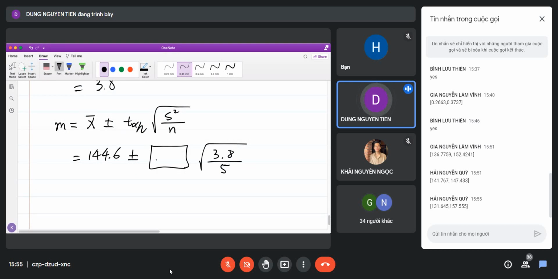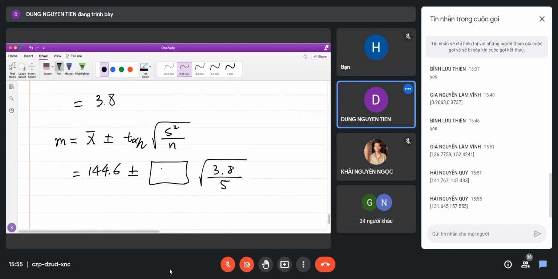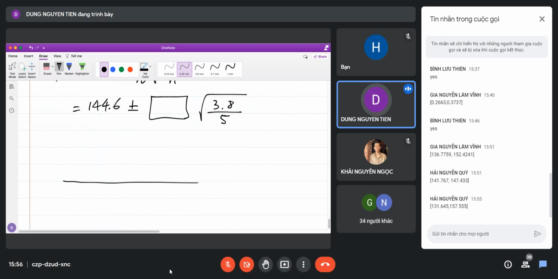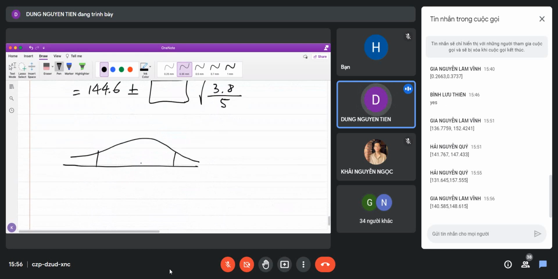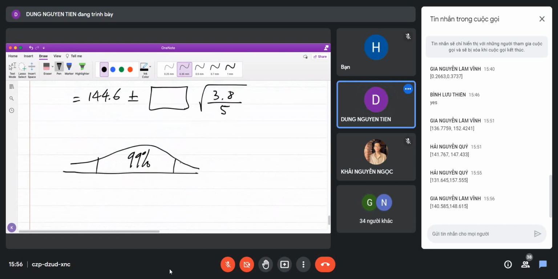And then you get the value here. What is that number? In order to get that number, you need to draw the graph here, and the confidence level is 99%. And this is alpha over 2, and you get 0.005. They are using the t-distribution with degrees of freedom of 4, right?